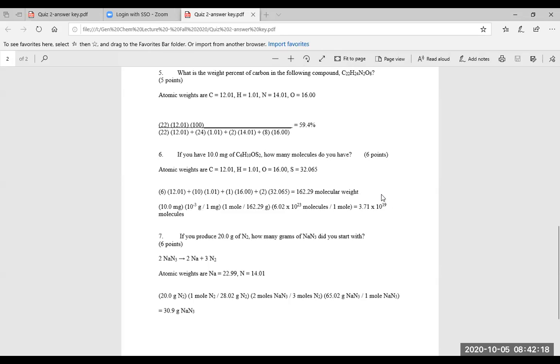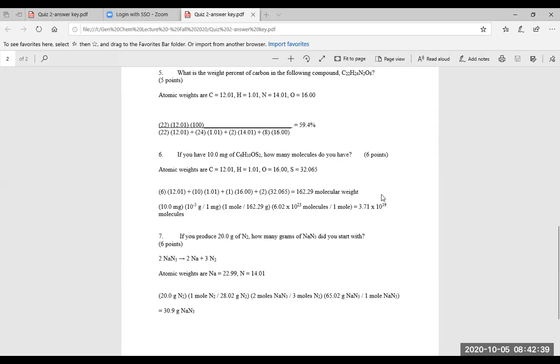Okay, number 6. If you have 10 milligrams of C6H10OS2, how many molecules do you have? And then you were given the atomic weights. You were not given Avogadro's number because you were asked to memorize that, but you would need that also.